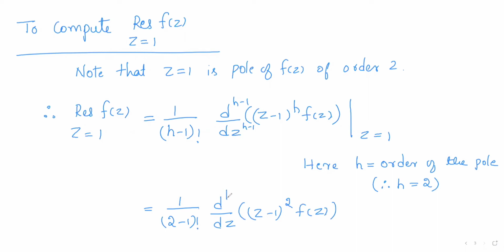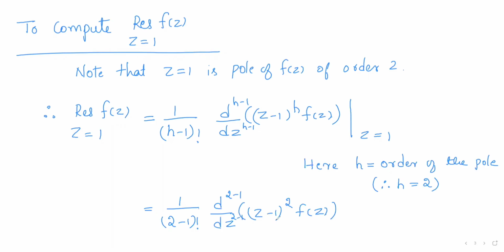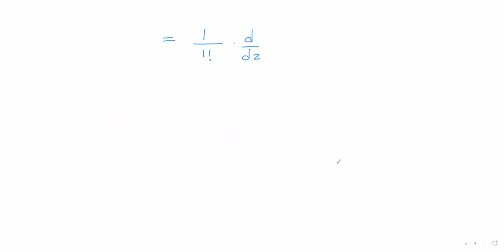How many times? h minus 1 times, that is 2 minus 1 times. So this is equal to 1 by 1 factorial into differentiation 1 time, since 2 minus 1 is 1, of z minus 1 whole square into f of z.